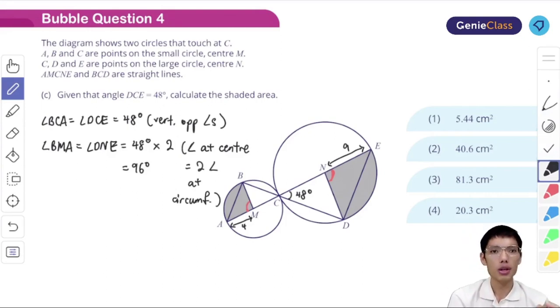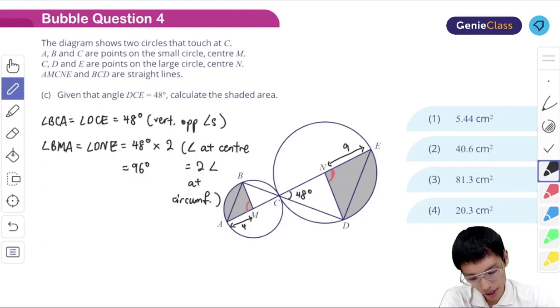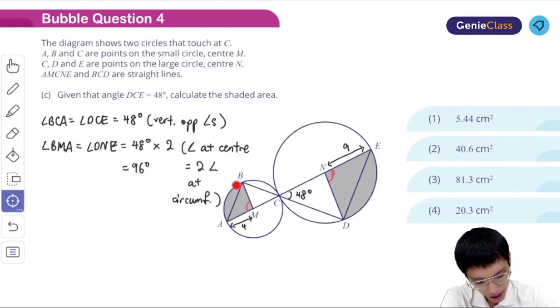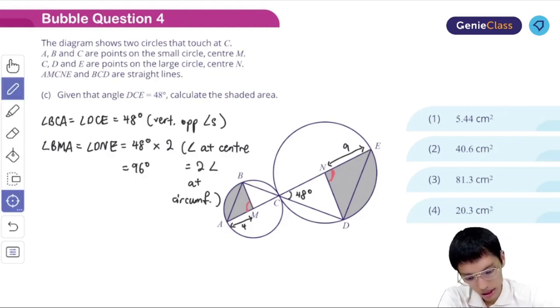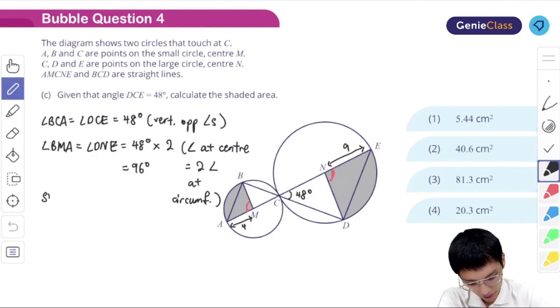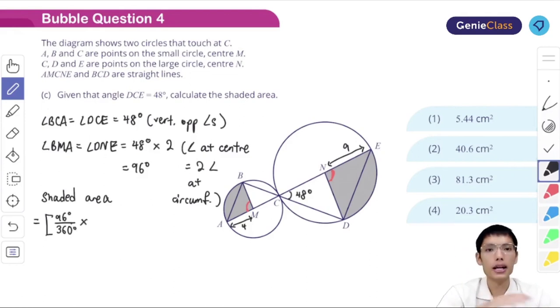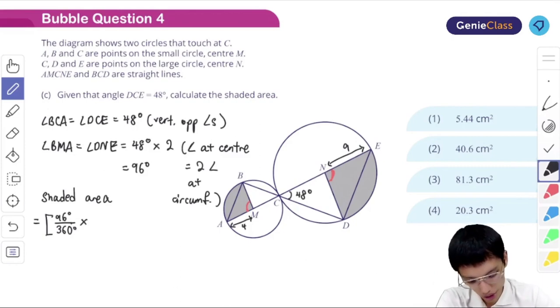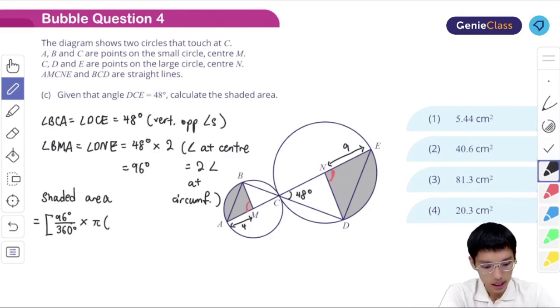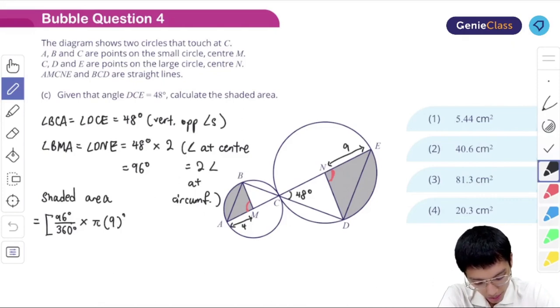And from there, I hope you all realize what's the formula for shaded area for this one and this one as well. This is none other than the ratio of the angles with respect to degrees. Remember the degree sign, multiplied by the area. So first one will be pi. Let's say I do the small one first. Actually, it doesn't matter. I do the big one, pi 9 square.